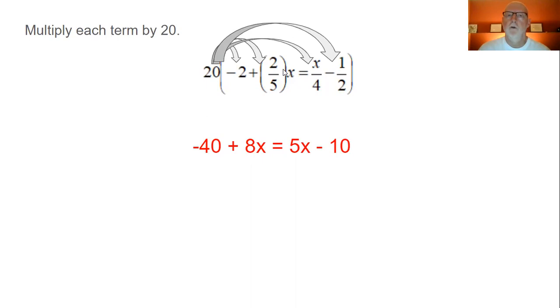Now multiply 4 times 2 to get 8. 8 times x is 8x. 20 divided by 4 is 5. 5 times x, 5x. 20 divided by 2 is 10. 1 times 10 is 10. So it's -10 there. So there's the equation without fractions, the equivalent equation.